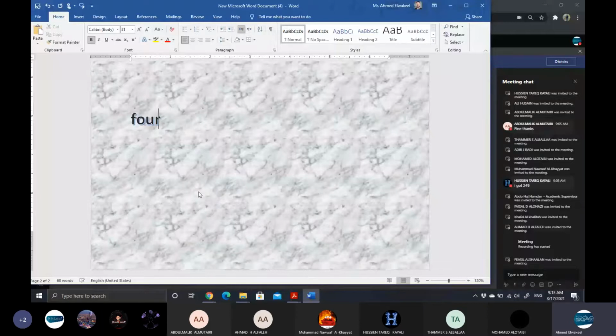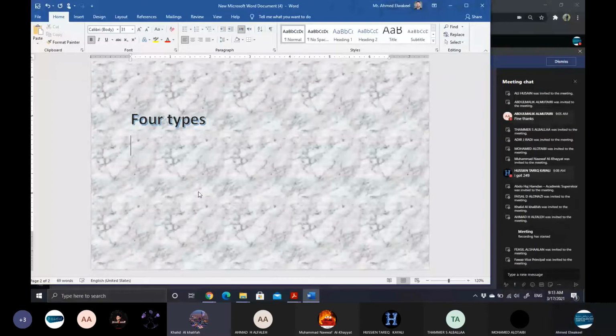What are these 4 types? You mean declarative, imperative, interrogative, and exclamatory, I think. Nice, but there are other types.